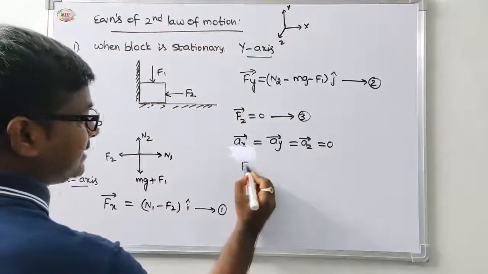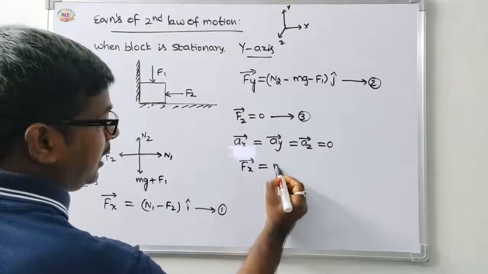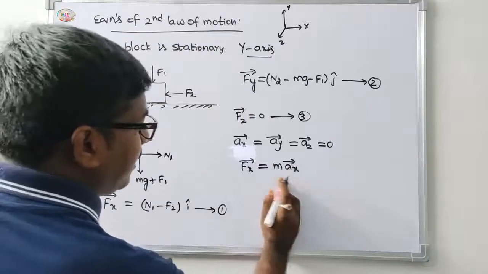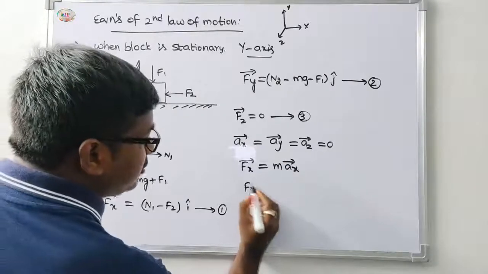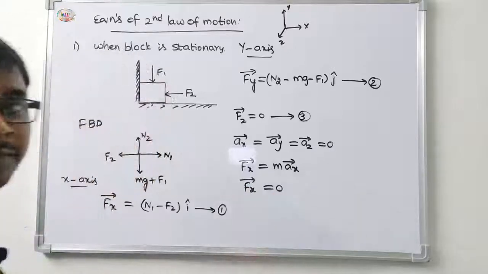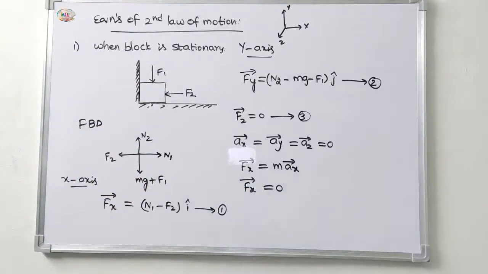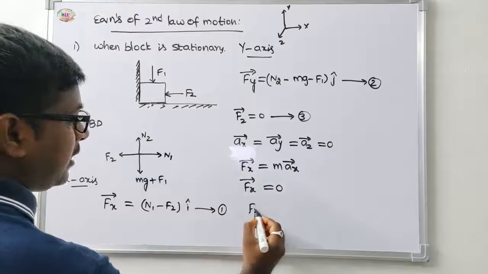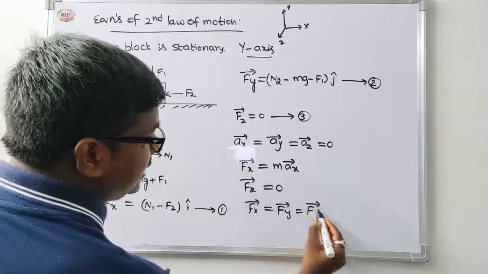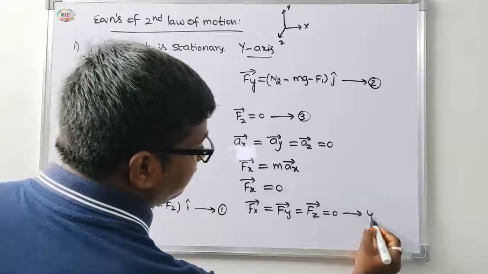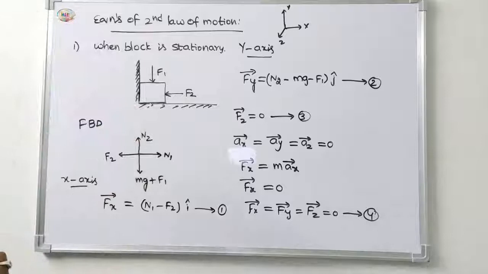Therefore Fx is equal to m into Ax, which is 0. Similarly, Fx is equal to Fy is equal to Fz is equal to 0. This is equation number 4.